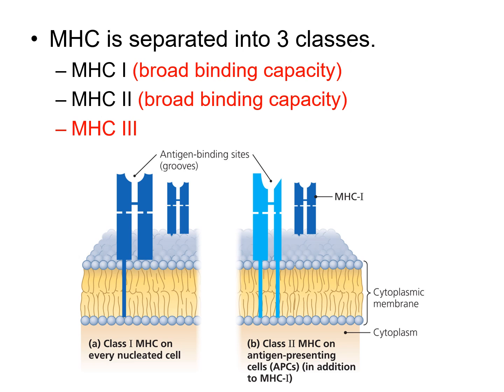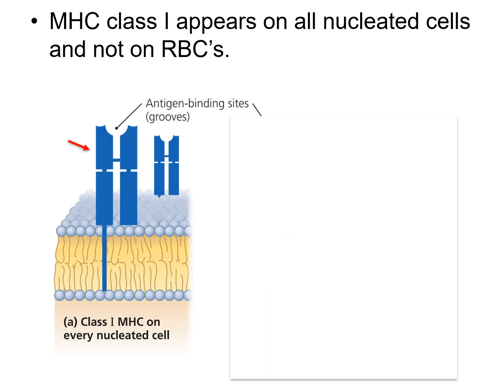And that glycoprotein receptor is separated into three classes: MHC 1 and 2, which have the broadest binding capacity, and MHC 3. MHC 1 appears on all nucleated cells and not on red blood cells. Red blood cells do not have a nucleus. Therefore, they don't have that chromosome, they don't have that gene, and they cannot produce this glycoprotein.